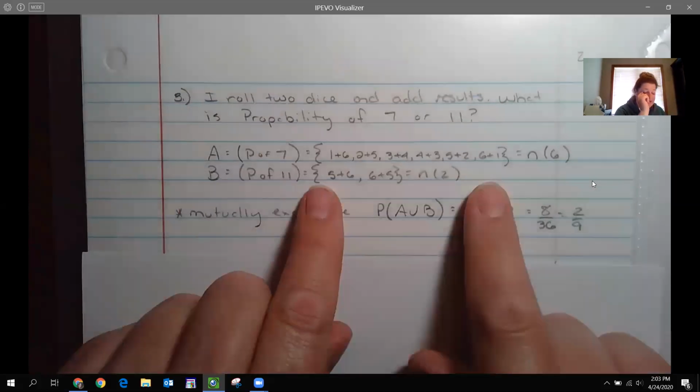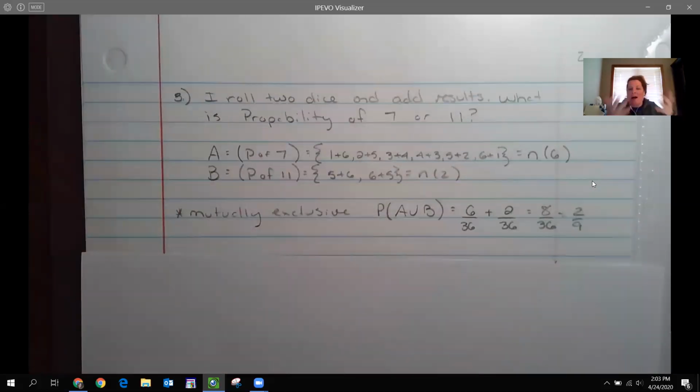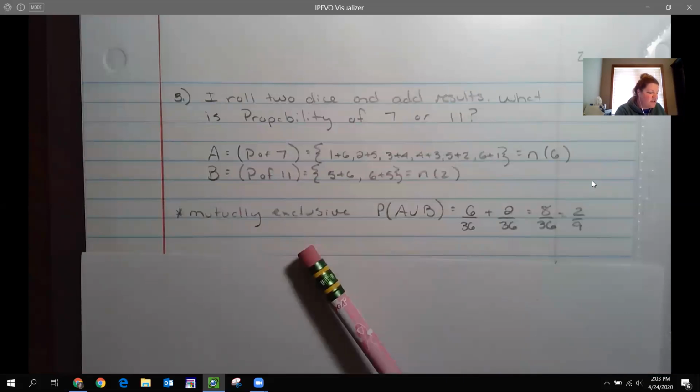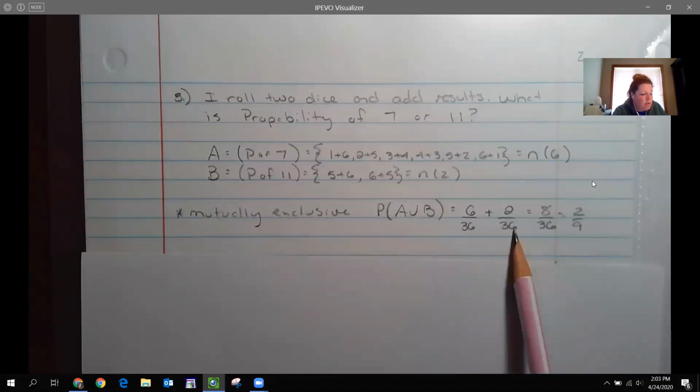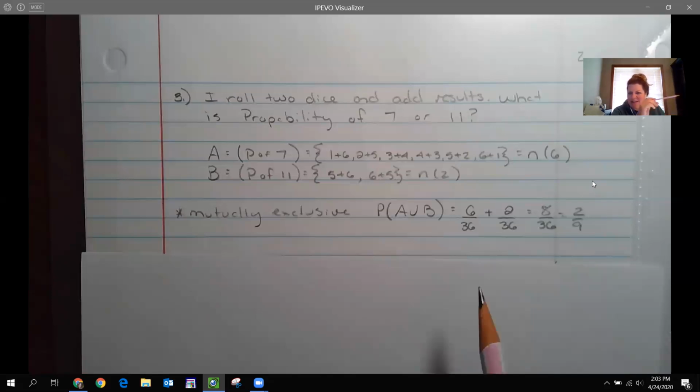So n means number of them, which is 6, and there's 2 in set B. So these are mutually exclusive. There's none in common. So we would just take and add those two probabilities together. So 6 out of 36, because the sample space is 36, 6 times 6. And we'd add those two and we'd get 8 out of 36. Or you can reduce it. Okay, so again, that's mutually exclusive.